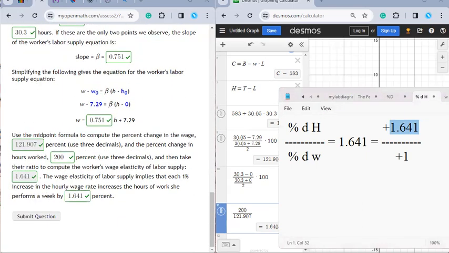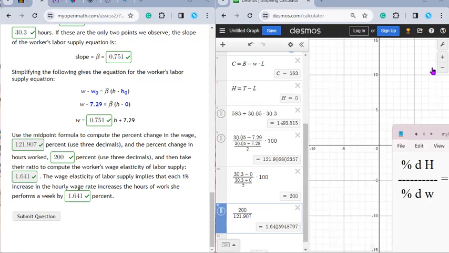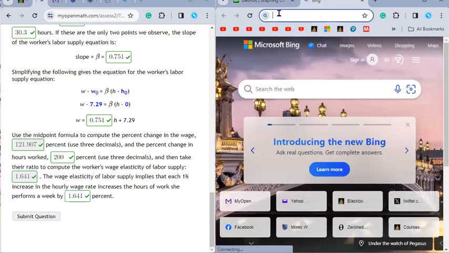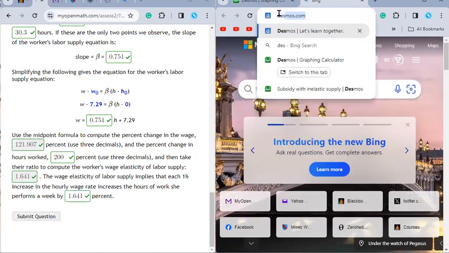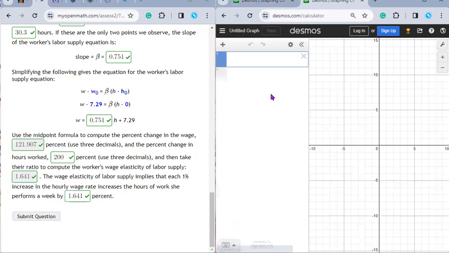So the person's labor supply equation, if I open up new Desmos and I want to graph labor supply, I do so with W on the y-axis, the vertical axis, and H on the horizontal axis.